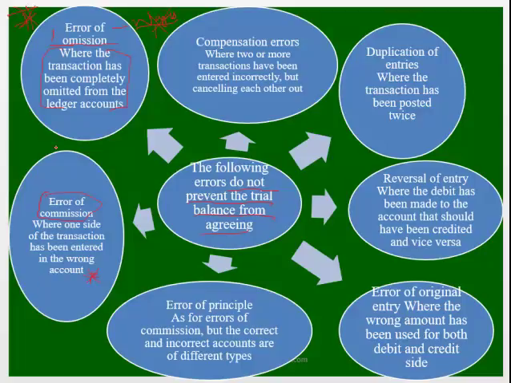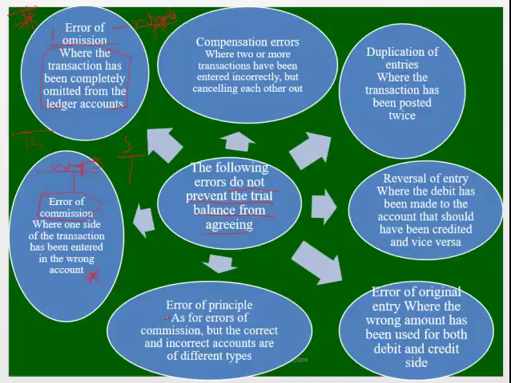For example, let's say I pay wages, and I have already credited cash account, but instead of debiting wages, I debit stationery. The two of them are expense accounts. Wages account is an expense account. It's supposed to be debited with cash, but I mistakenly debit stationery account. So that's what we call error of commission.